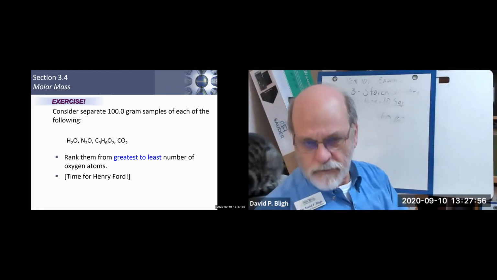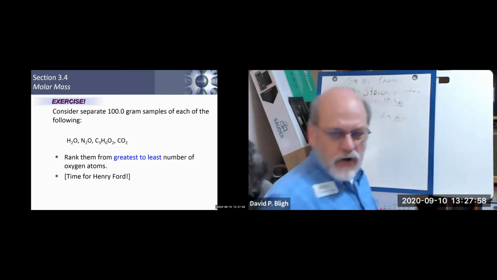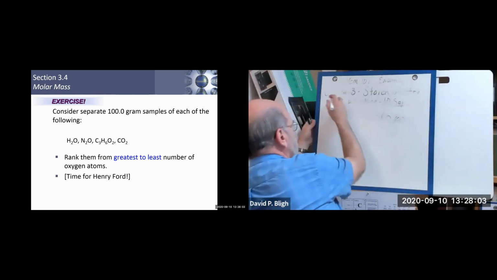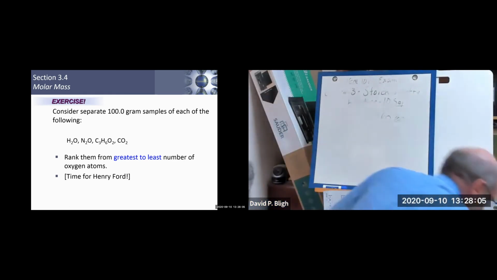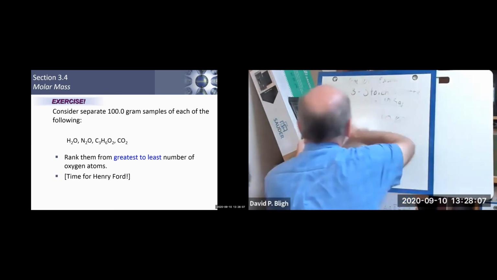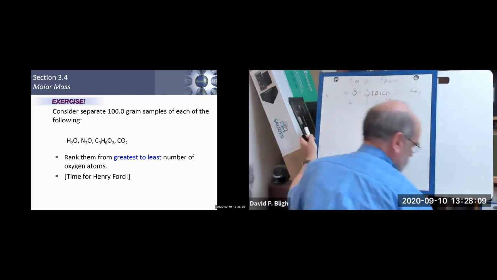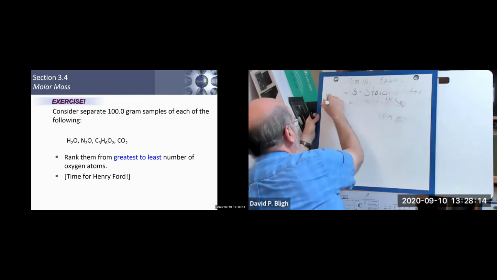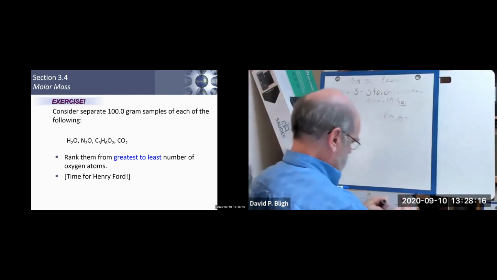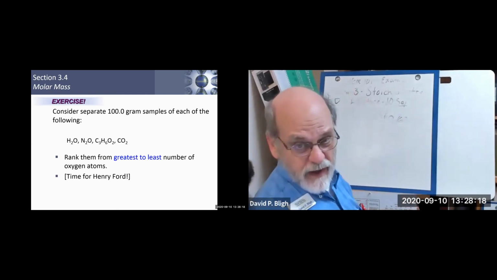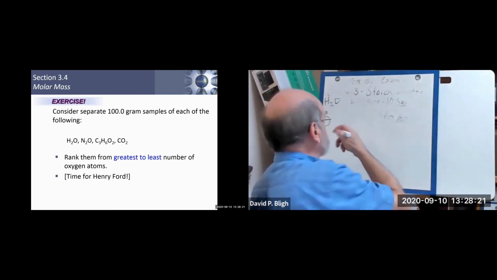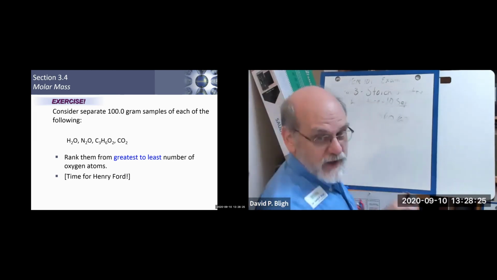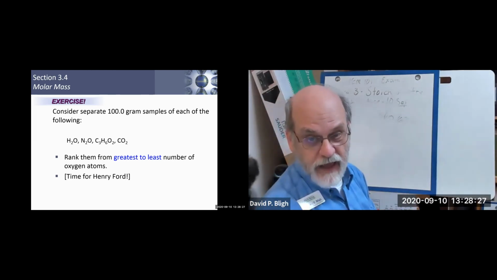So what do we have? 100-gram sample of each one. Water, we have water, and we have dinitrogen monoxide, otherwise known as nitrous oxide, laughing gas.